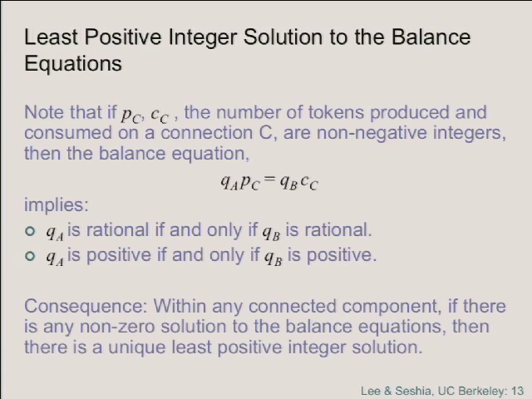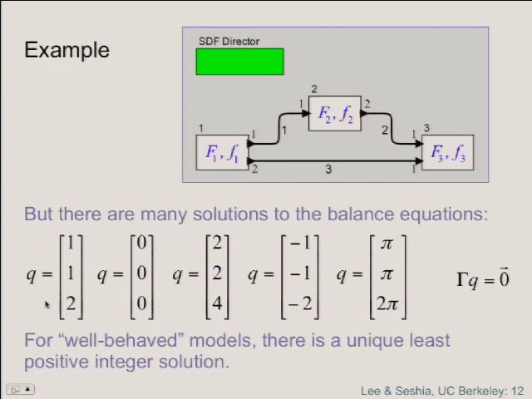I'll show you in a minute there may not be a solution, okay? And that somewhere along the solution space there is a rational solution, okay? And that as a consequence there is a least integer solution. And moreover, that there's a solution where all of the entries in the vector have the same sign, okay?